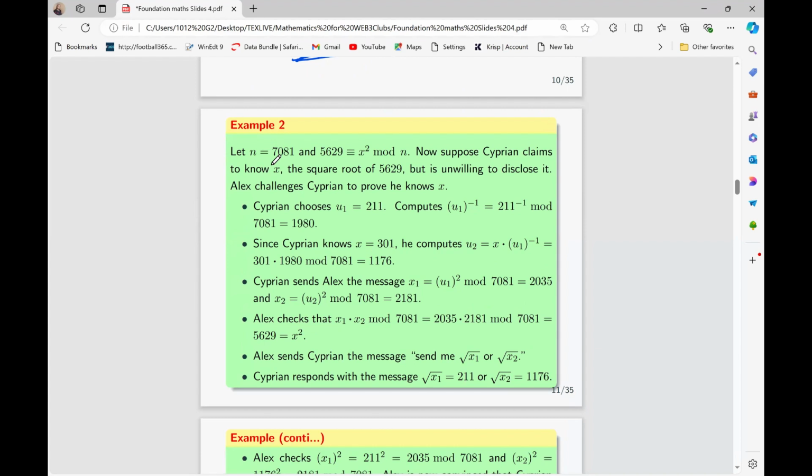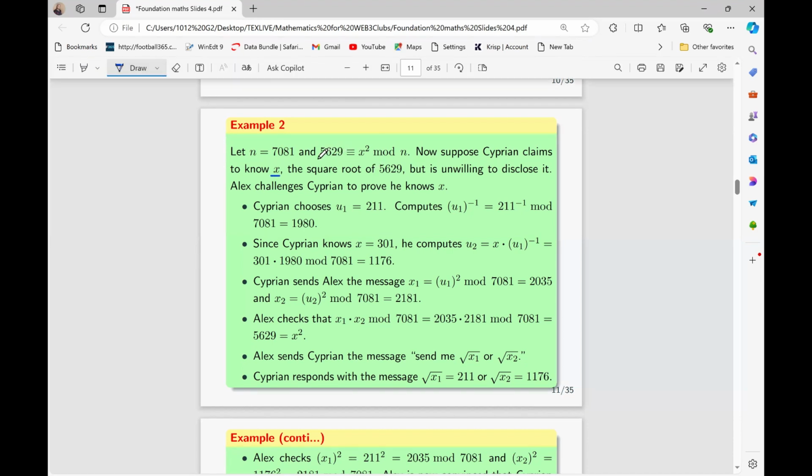This time n is 7081 and x squared is provided mod n. The person who is proving this, Cyprian, claims to know what x is.